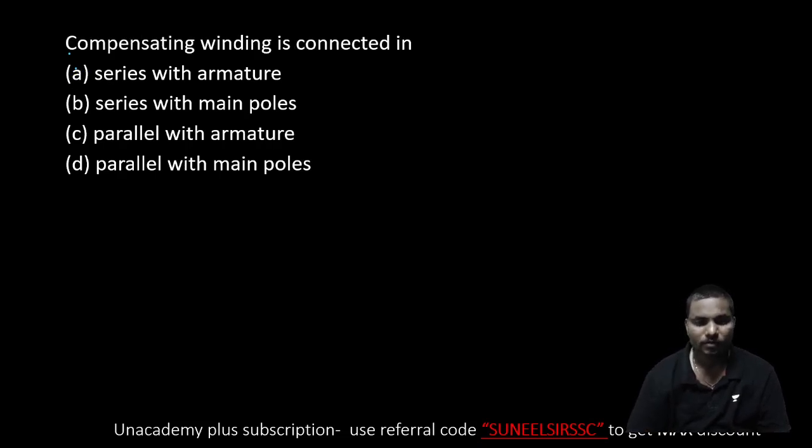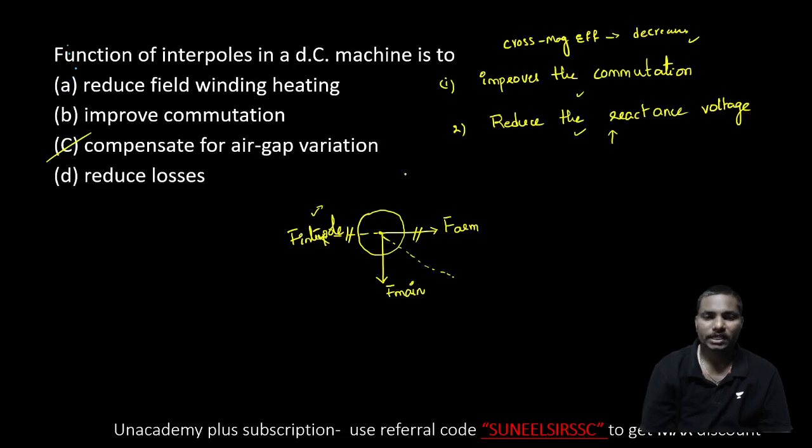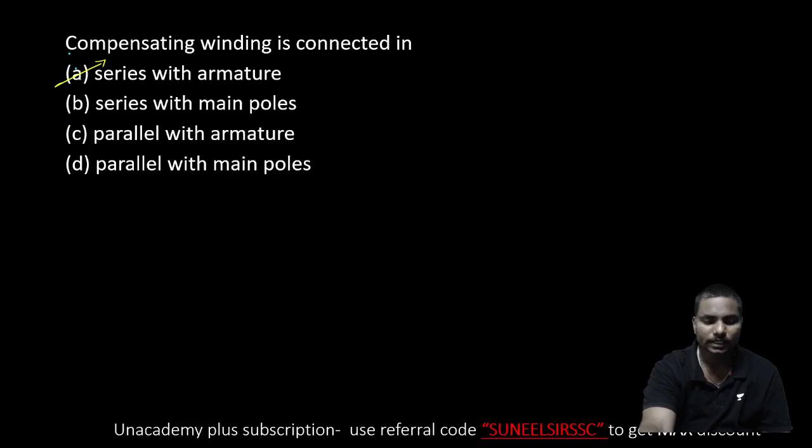And compensating winding is connected dash. This compensating winding is also always in series with the armature. So both are always in series with the armature. Then only they will generate the MMF opposite to the armature reaction MMF. The current flowing in the compensating winding will be opposite to that of the armature winding.